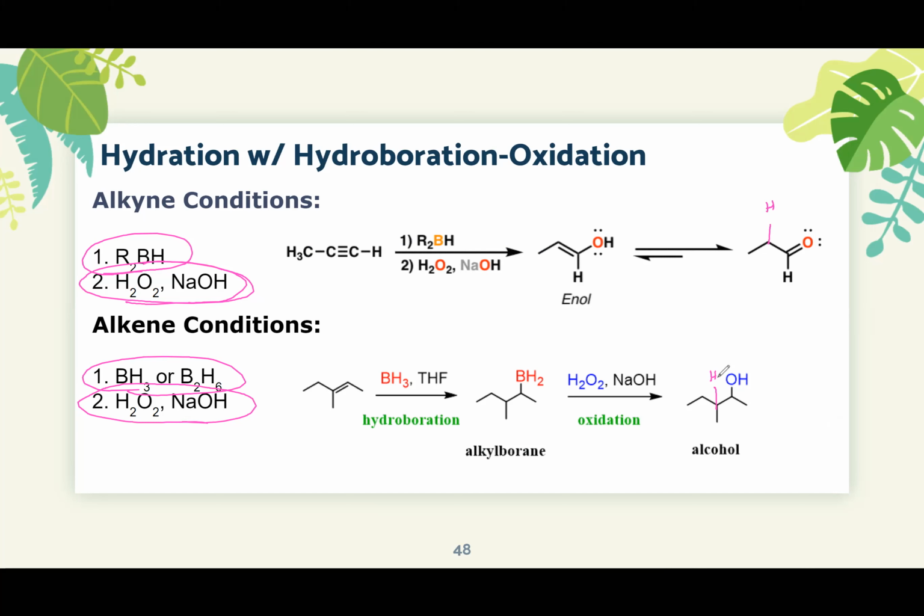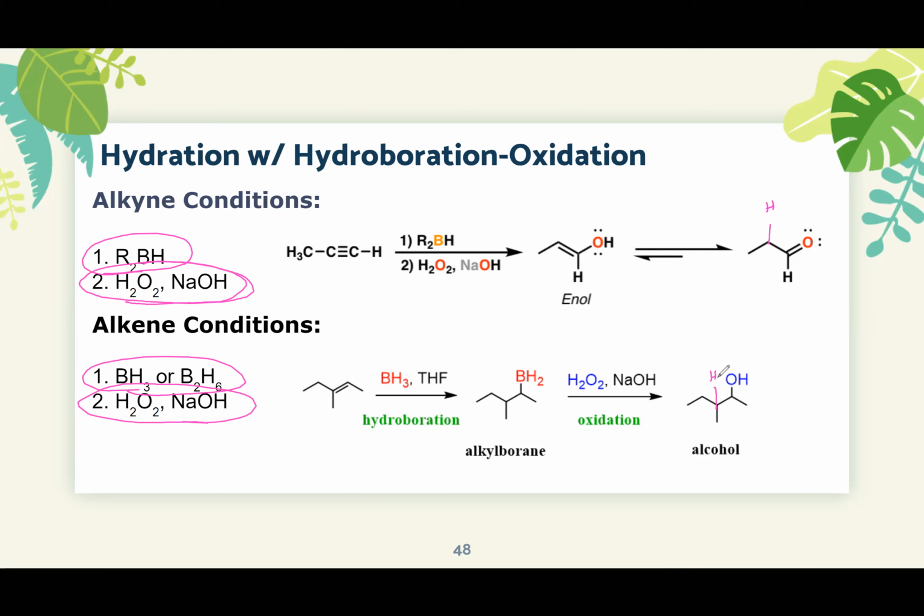What is the regiospecificity? So it won't be Markovnikov, because Markovnikov wants us to add the hydrogen to the least substituted carbon. So in this case, it'll actually be anti-Markovnikov. So we see that both of these have the same regiospecificity. They're both anti-Markovnikov. This is great. This is another similarity.